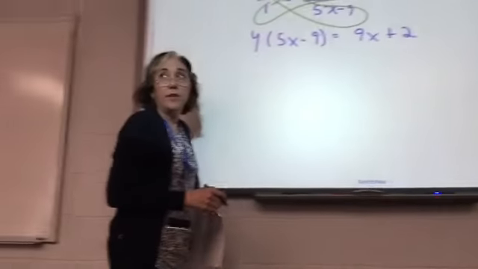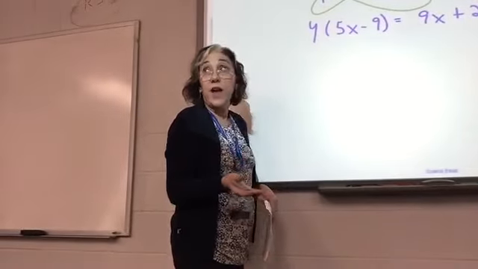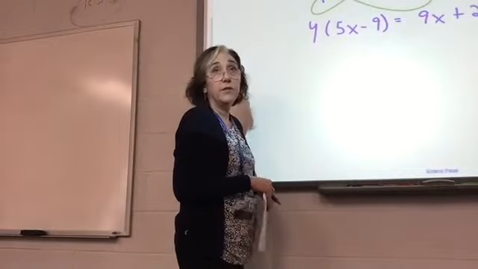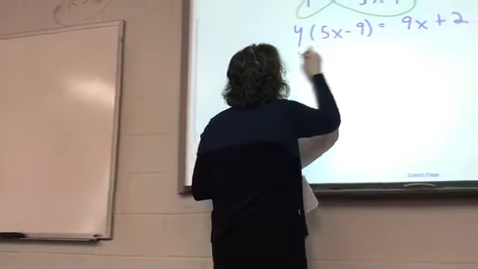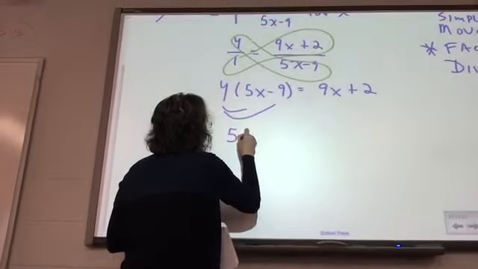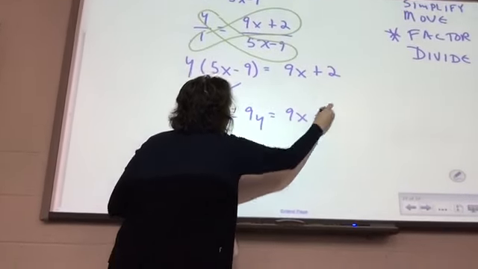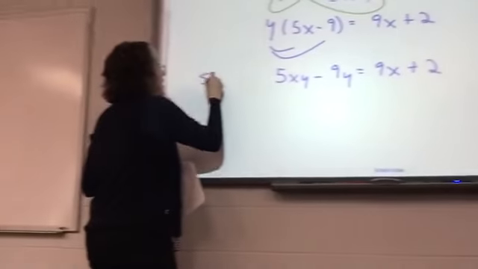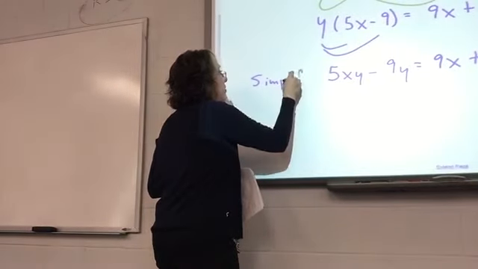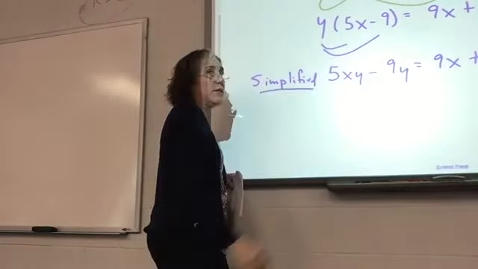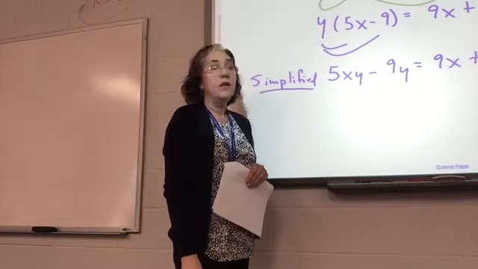We're still simplifying. I got rid of the fraction, so what am I going to do next? Good. Distribute. So we have 5xy - 9y equals 9x + 2. We're done simplifying. That is now what I'm saying is simplified, as much as we can possibly do on those sides.